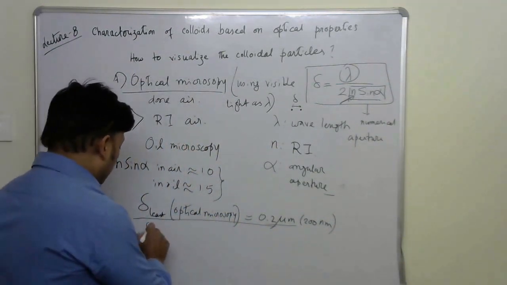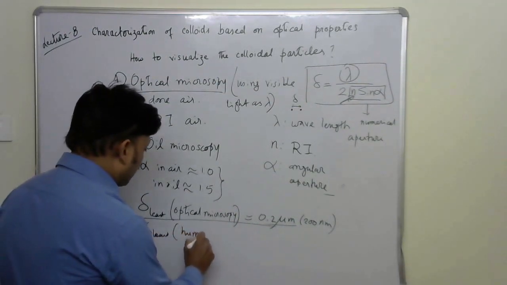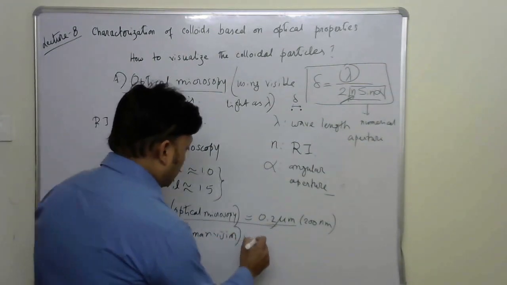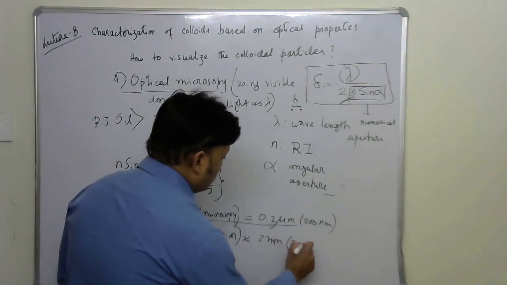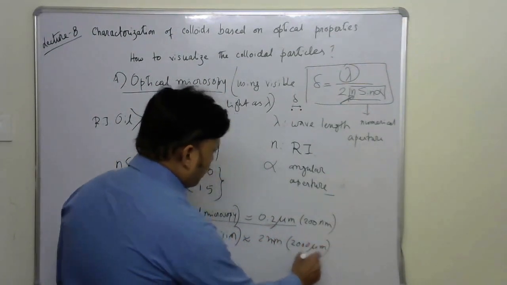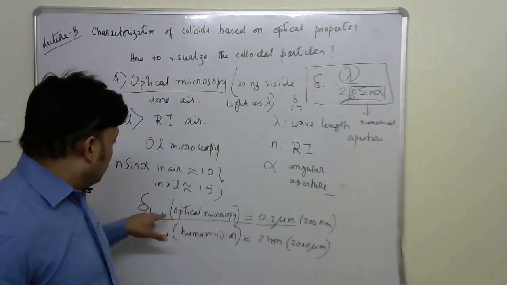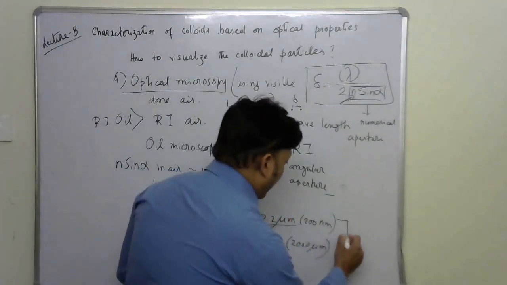So we can write that delta least for human vision is about 2 millimeter. Okay, so that means it is 2000 micron. So therefore, resolving 0.2 micron is not enough, so you have to magnify.